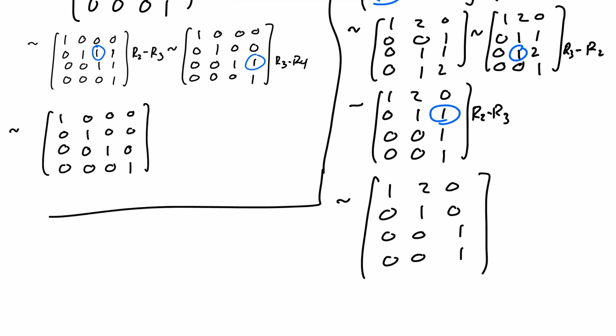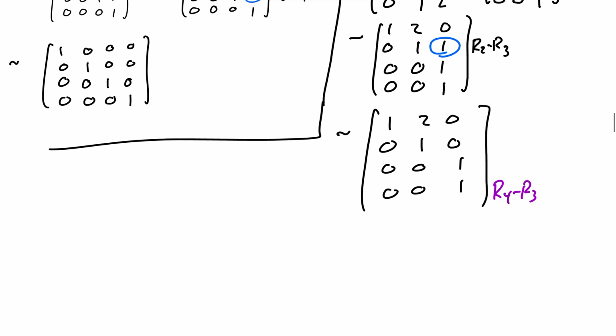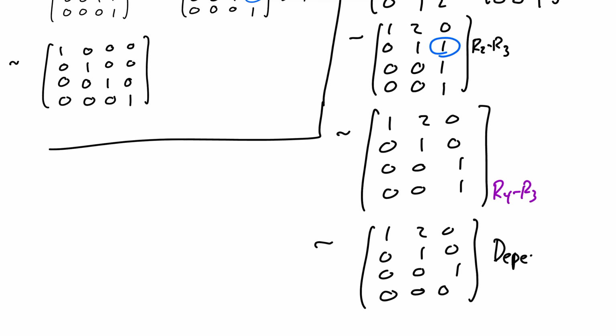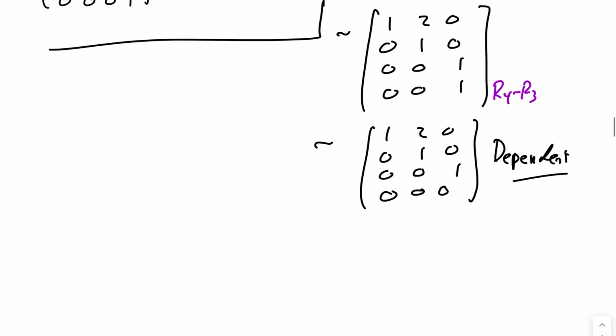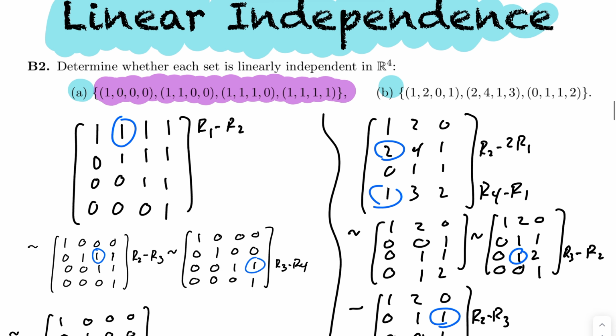So just by going row 4 minus row 3, we end up getting a 0 row. So right away, we know that this set is dependent, because the 0 row indicates that we have a dependent set. So the first one was independent, and the second one is dependent.